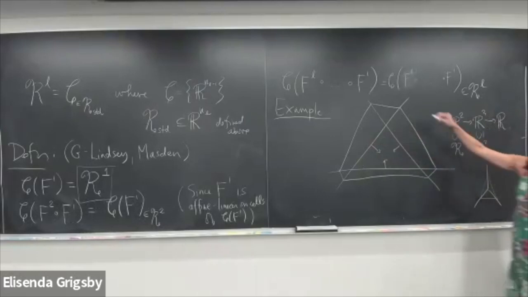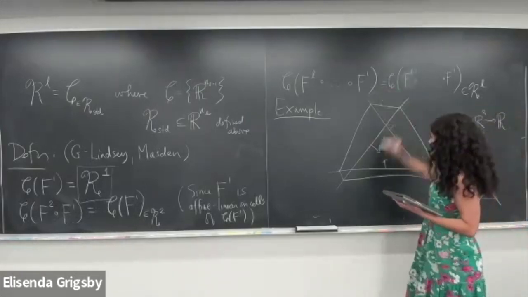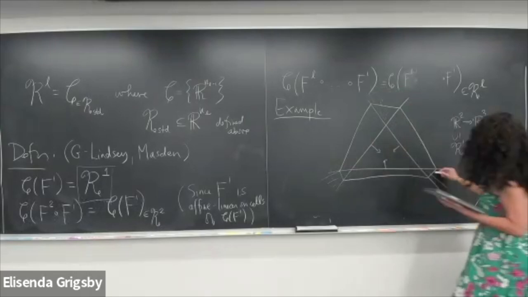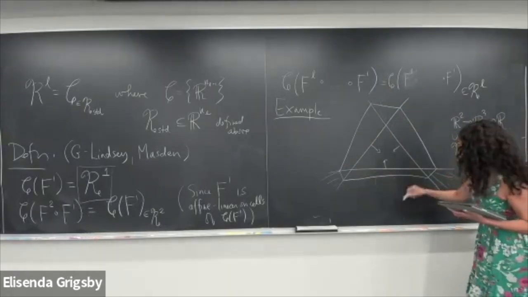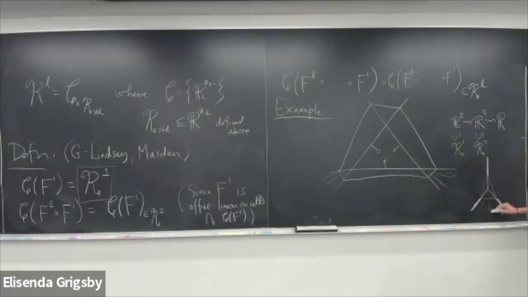And then some of these will get mapped to these 1 cells, these faces of the non-negative orthant. And then others will get mapped to the 2 cell faces of the non-negative orthant.